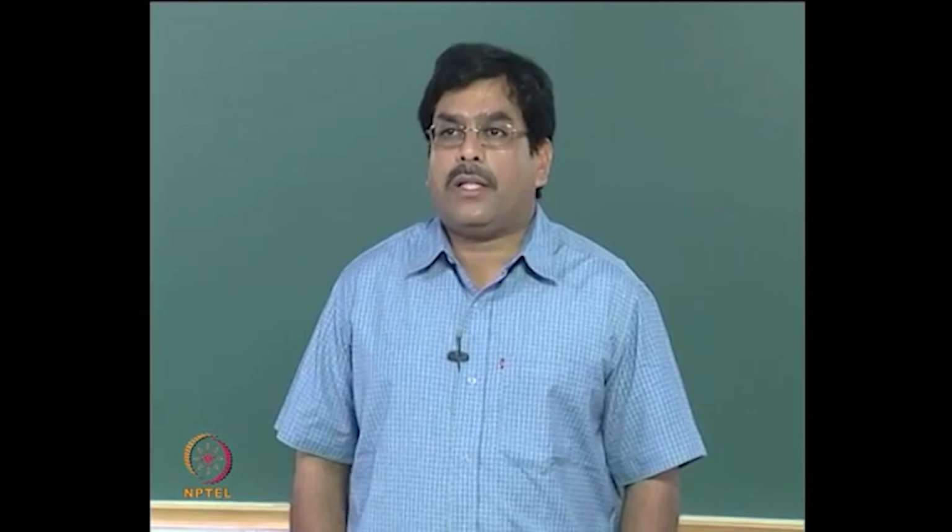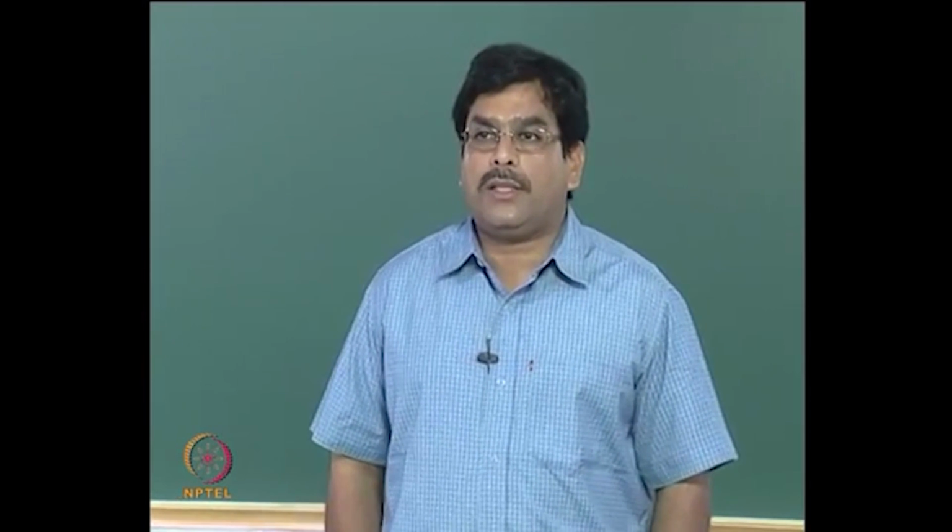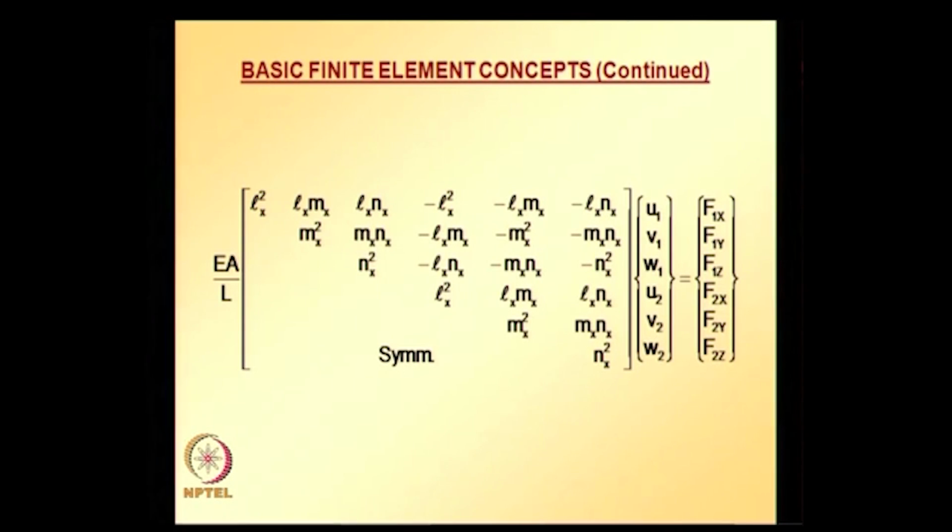Whatever components you have in the first quadrant, the components in the fourth quadrant are the same, and whatever components are there in the second and third quadrants are nothing but those of the first quadrant with a negative sign appended.